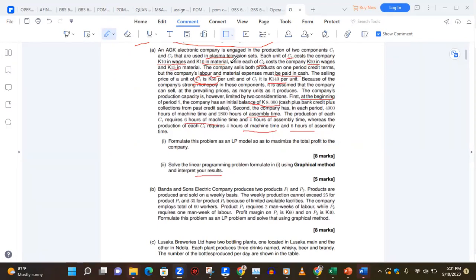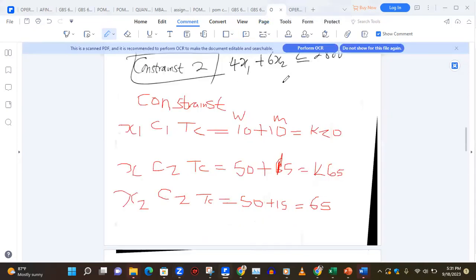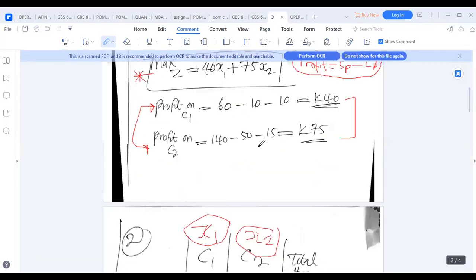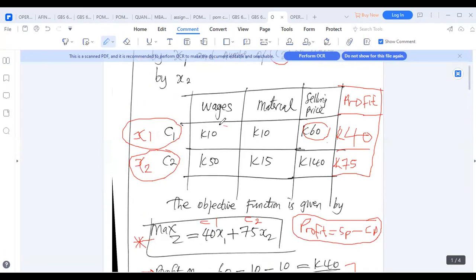So the total cost of material for product C1 was that of the wages and the material here, which is 20 that was spent there. And then that of the other one. This is where the cost came from. So the total cost of this one plus this one is 20. And then the total cost of product C2 is 65.